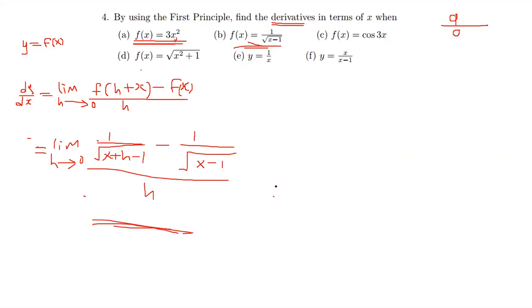Let me just give you the final solution, so that when you have time, you can solve it on your own. So the final solution, when you simplify this and find the limit of that, you are going to get -1, and then everything divided by.